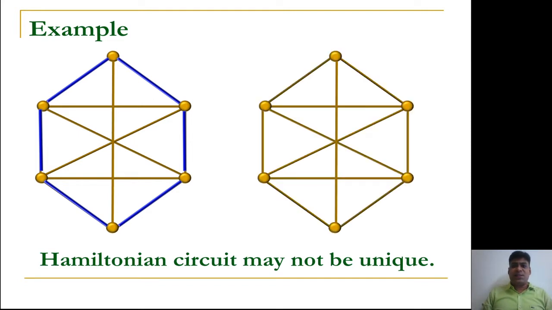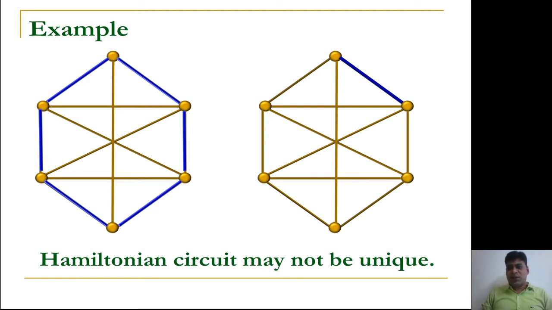So let us consider the same graph, and let us start with the same vertex, and let us have another form of the Hamiltonian circuit. Starting with the edge right from the first vertex, top of the graph, we are traversing the blue line for the edges considered in the Hamiltonian circuit.